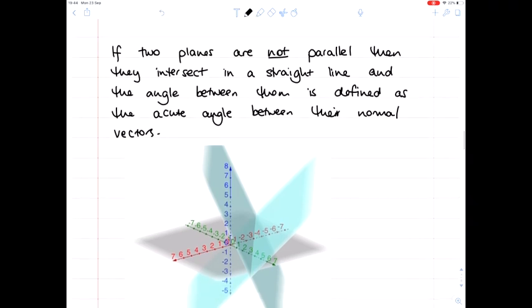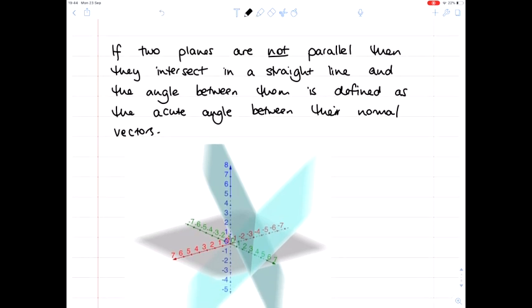On the other hand, if two planes are not parallel, then we know that they intersect in a straight line. So for example, these two planes here intersect along this line here, and we define the angle between them as the acute angle between their normal vectors.